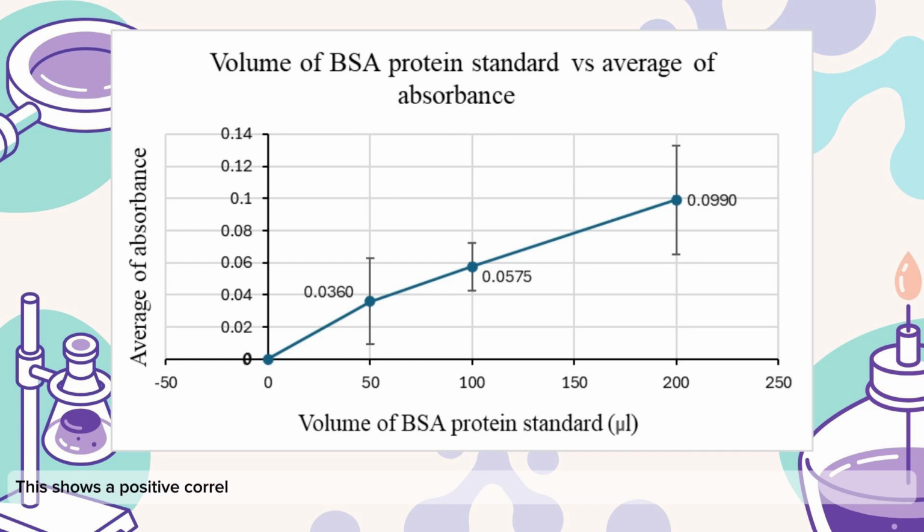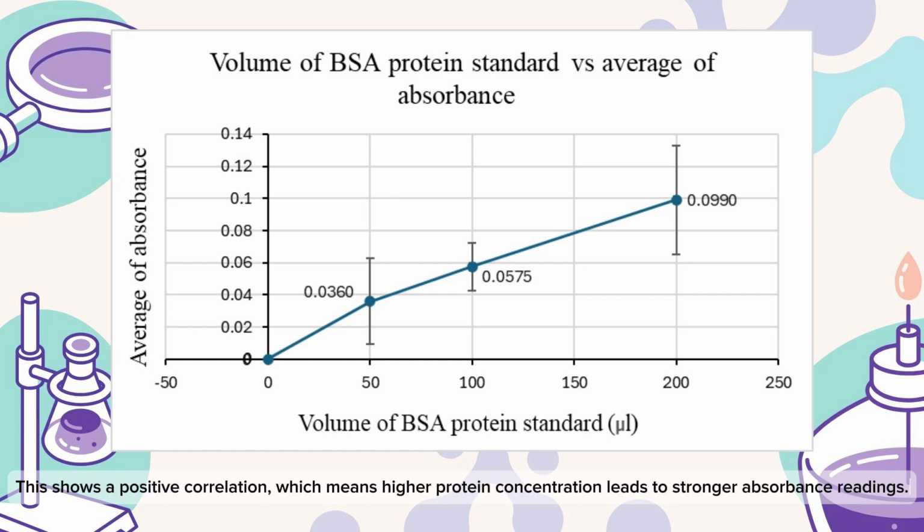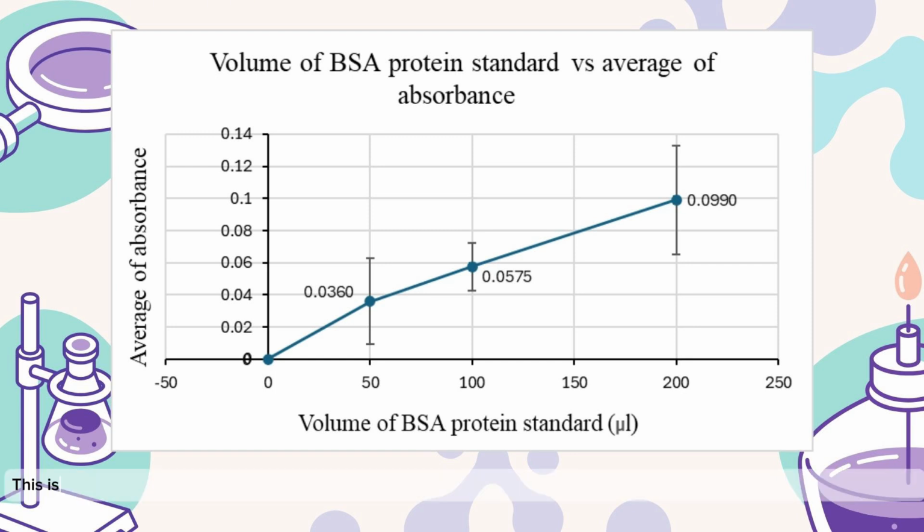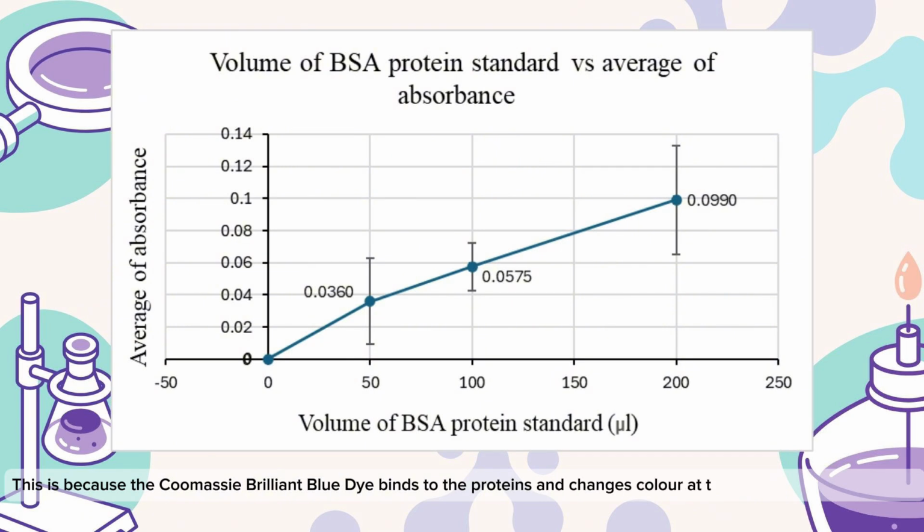This shows a positive correlation, which means higher protein concentration leads to stronger absorbance readings. This is because Coomassie brilliant blue dye binds to the proteins and changes color at the measurement of 595 nanometer.